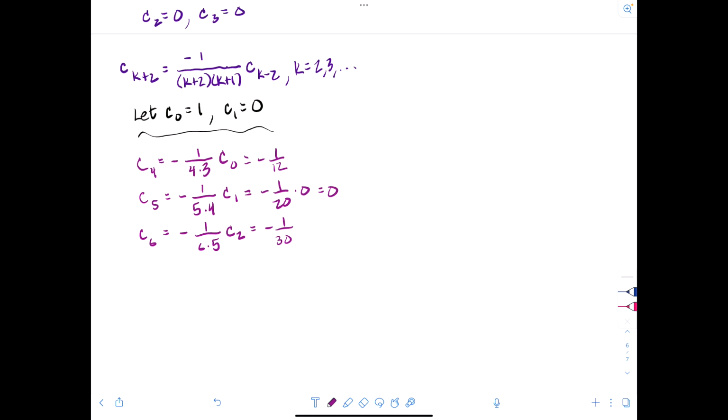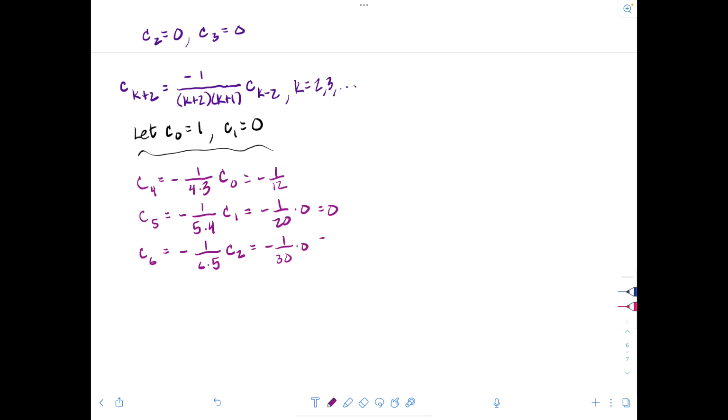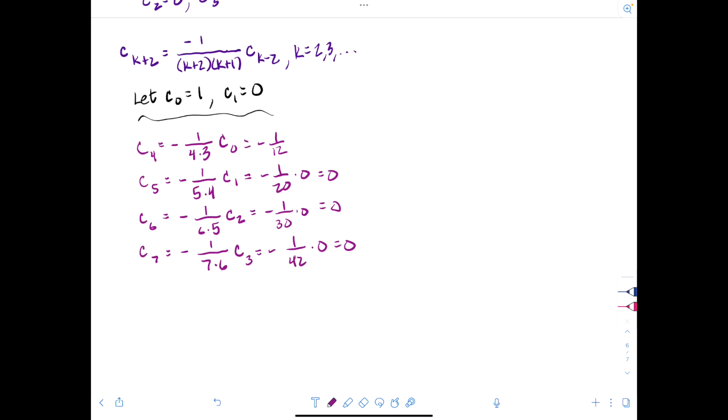C2 was equal to 0. And then C7 occurs when k is 5. And we'll have 1 over 7 times 6. And when k is 5, this side will be C3. That is 0, right? So we'll have negative 1 over 42 times 0, which is 0.